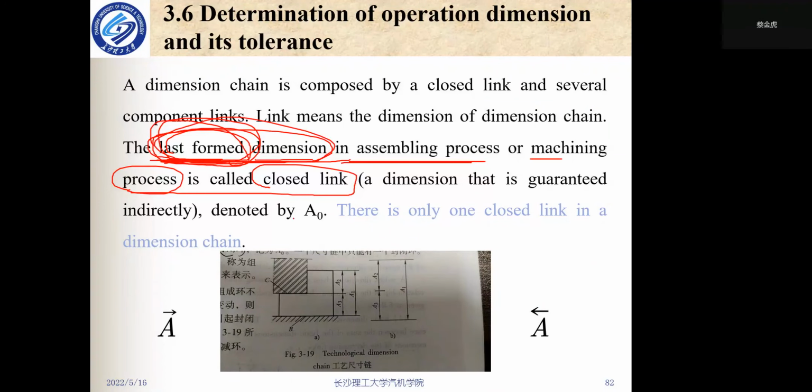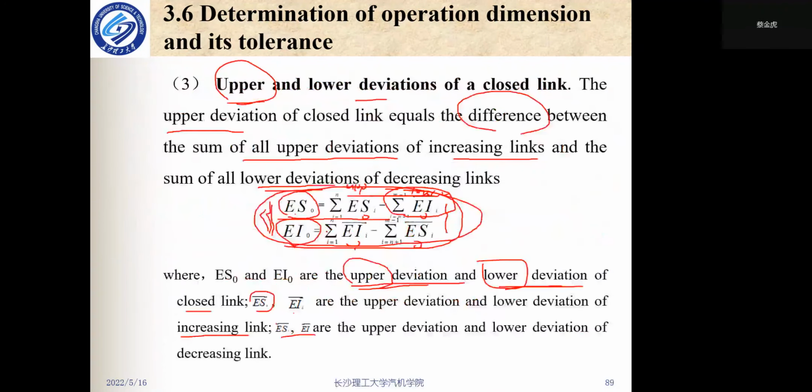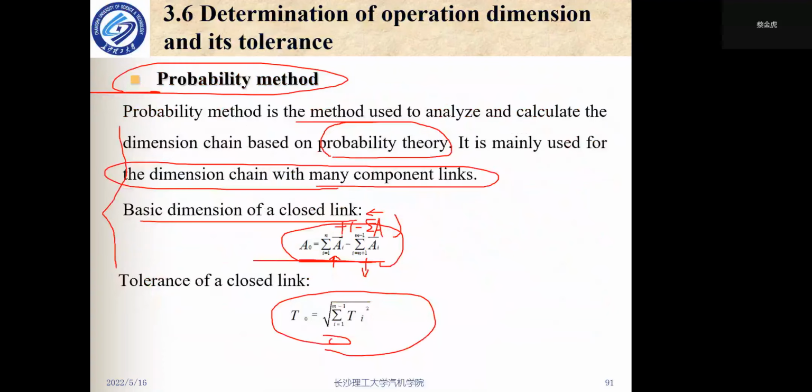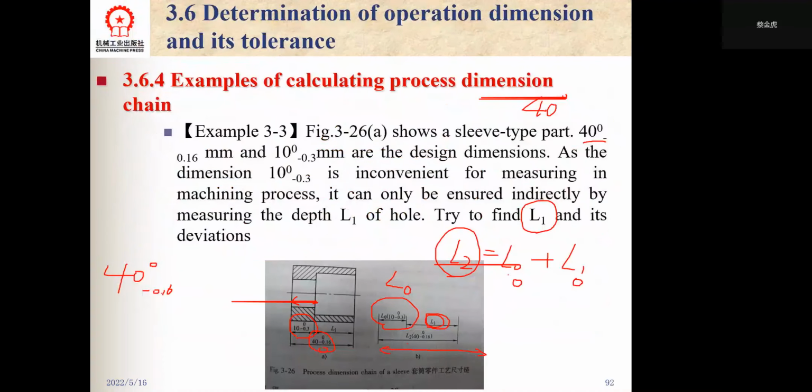So in this example, I've told you that this dimension is inconvenient for measuring in the process.